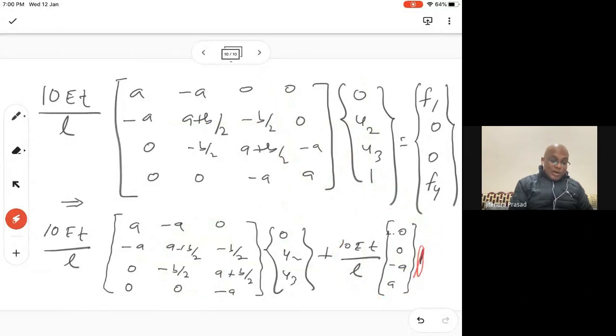Because I'm multiplying by 1, this is known. If this were 0, this would be 0 here and this will not matter. But since this is non-zero, it will be a value here, and which is equal to we have F1 0 0 F4, right?